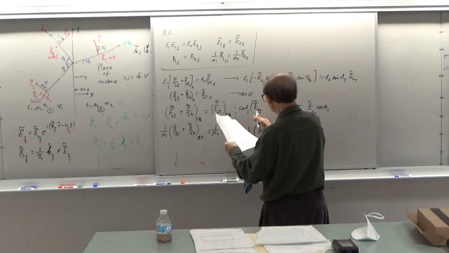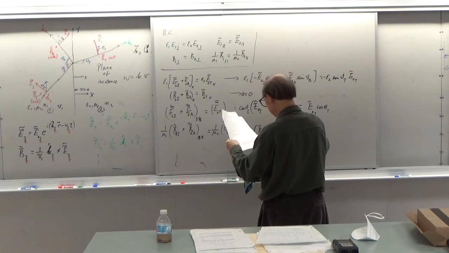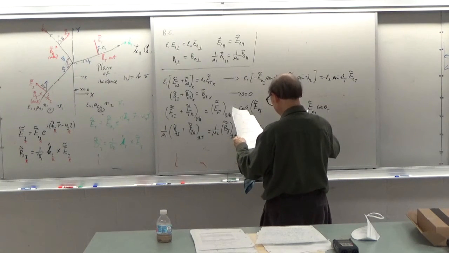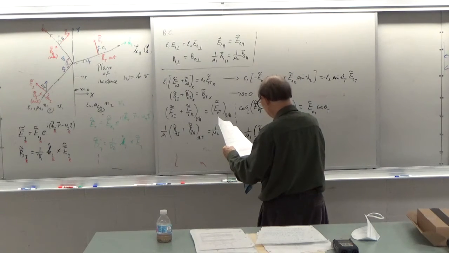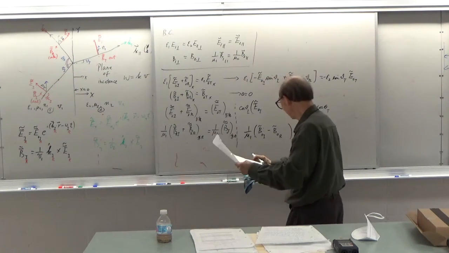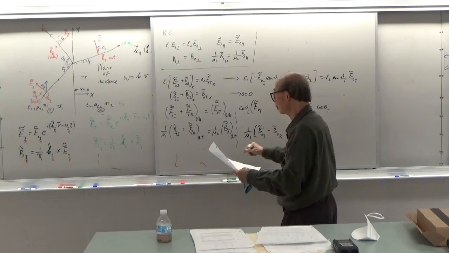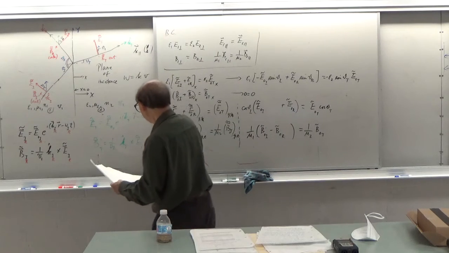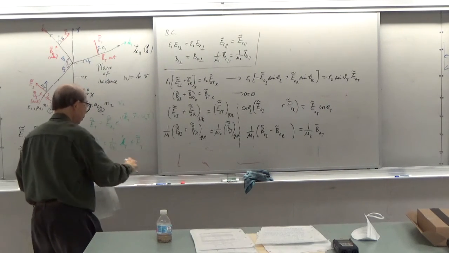And this one is cosine, right, cosine plus, and that's equal to cosine of this, correct? And finally, I have a mu naught, oh, I'm sorry. The magnitude of B, of course, as you recall, is related to the magnitude of E divided by the speed of propagation.